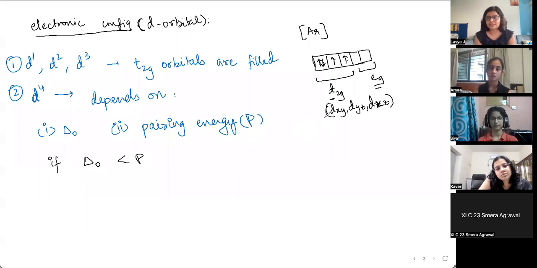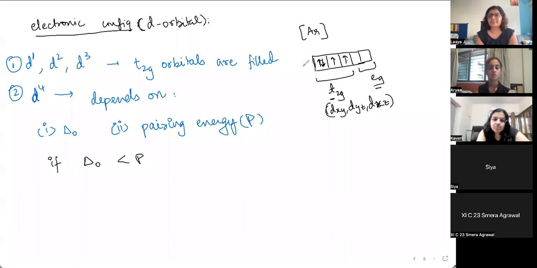Here we are studying coordinate compounds, which involve d orbitals mainly in the bonding, which is why we are studying it in this context.